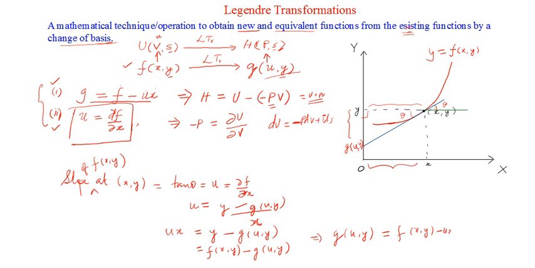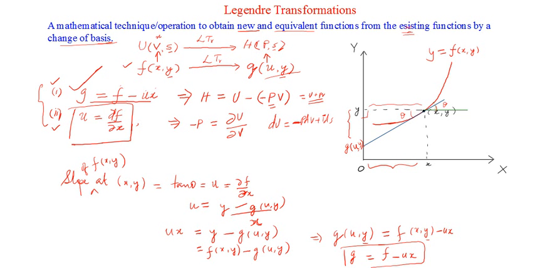Simply, if you forget about the brackets or the function dependence, g equals f minus ux, because y is remaining constant, and this is the relation that we are getting. So g equals f minus ux.